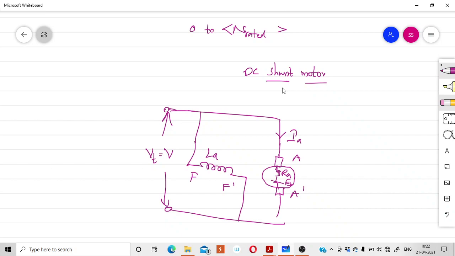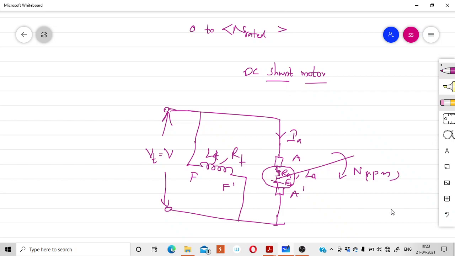LA is the inductance of the armature winding. Then LF is the inductance of the field winding. Then RF is the resistance of this field winding. And this is being rotated with a speed N RPM.